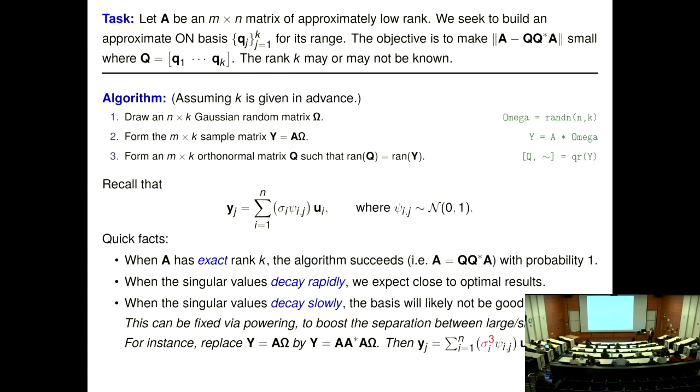And in that case, if you are in that environment, then you do need to do a little bit of powering of the matrix. So you get into a regime that some of you may recognize as subspace iteration, or we move a little bit in the direction of a block Krylov method in this regard.